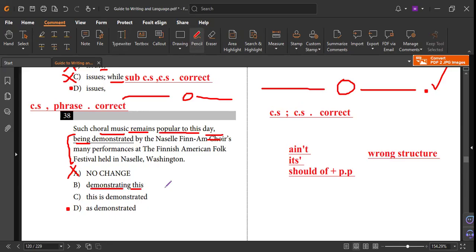We don't know what it refers to exactly. Sometimes we don't know what "this" is. What does it refer to? The popularity of the music, or the music itself, or what exactly? So B is wrong.